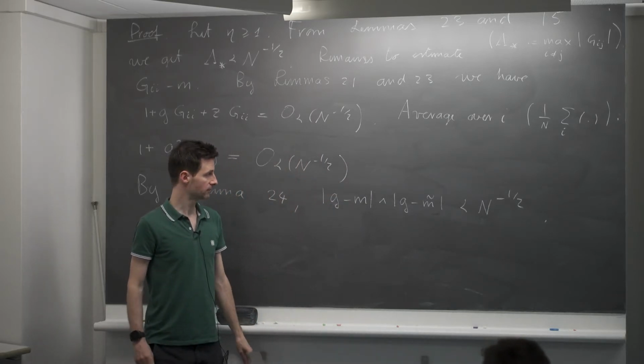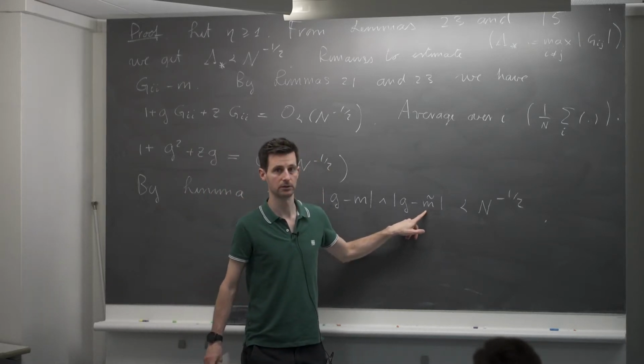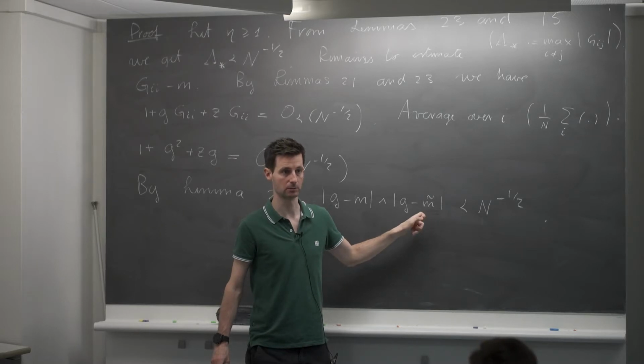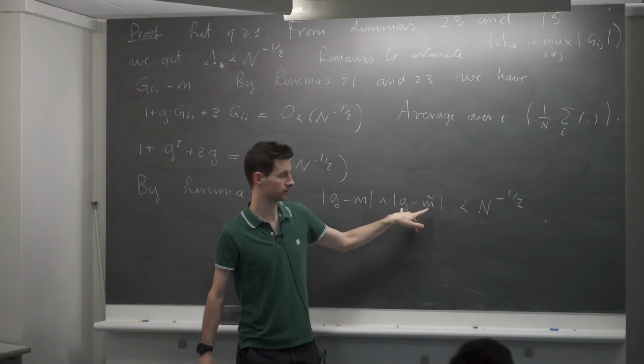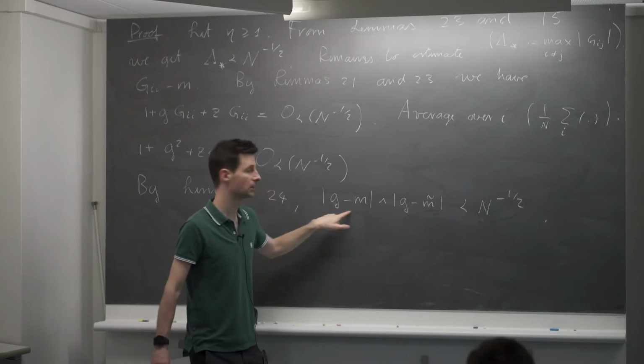This information alone is not quite enough, but if we show that the imaginary part of m tilde is bounded away from 0 by some constant bigger than this, then g cannot possibly be close to m tilde with such an accuracy, and therefore it has to be close to that guy.